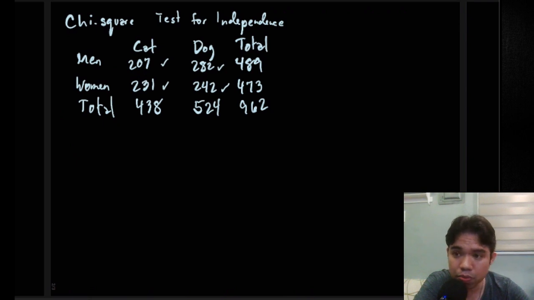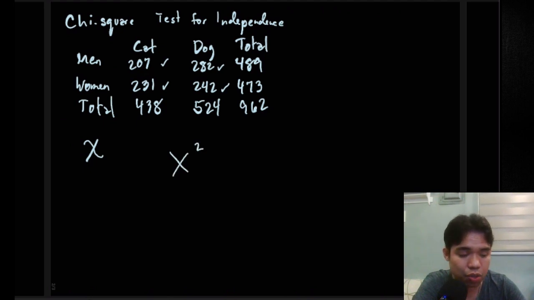And what is the formula for the chi-square test? It's called chi-square because of its symbol. It uses the Greek letter chi. Chi looks like an X. That's why usually we just use an X, literally an X, and then we put a square.